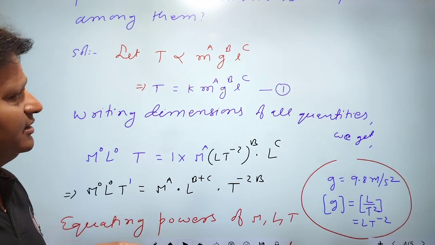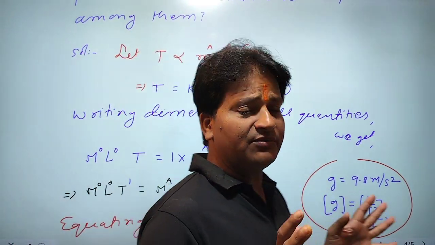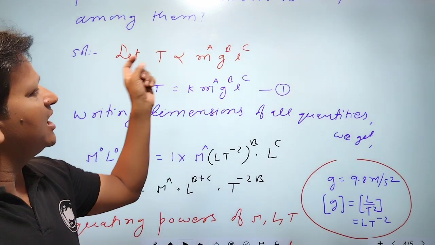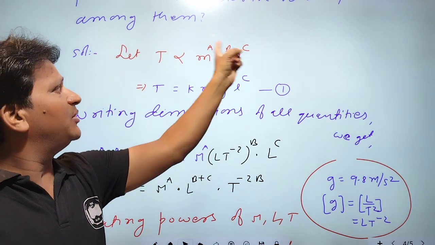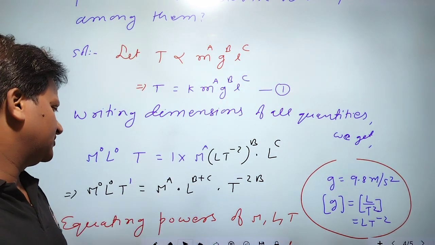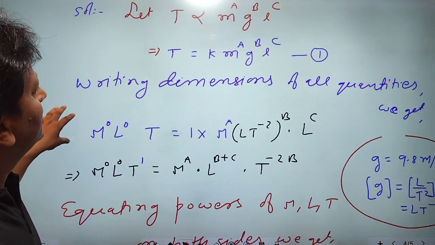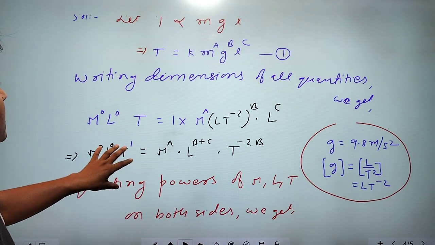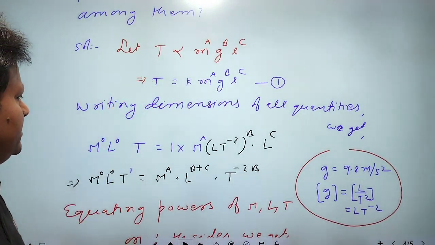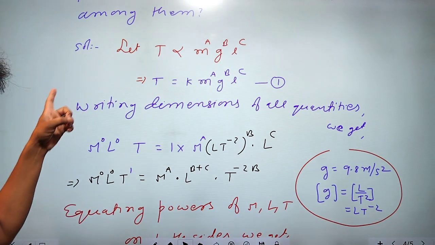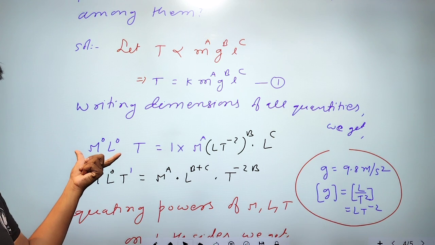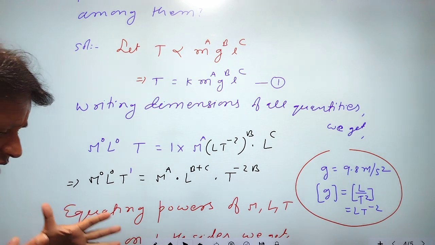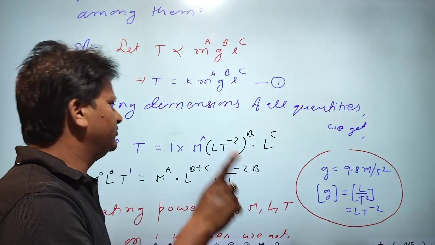There will be 3 equations, minimum 3 equations for solving, and we get our values of A, B and C. Writing dimensions of all quantities on both sides we get: here the dimension of time period is T. It can also be written like this: M to the power 0, L to the power 0, because the power of any quantity 0 will be equal to unity.